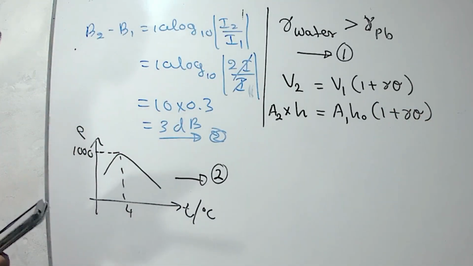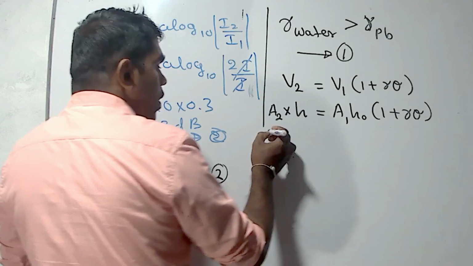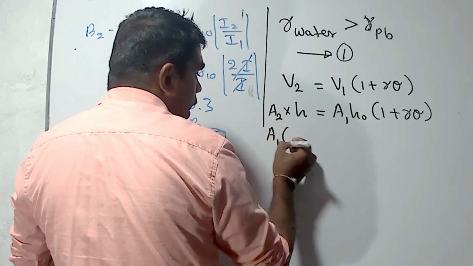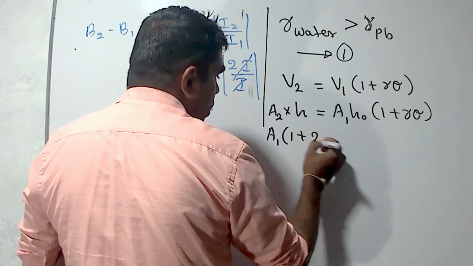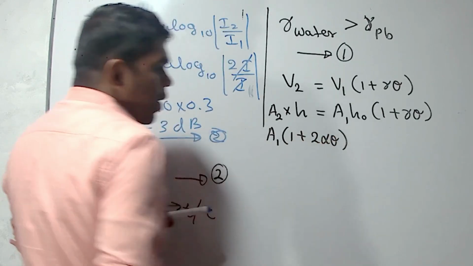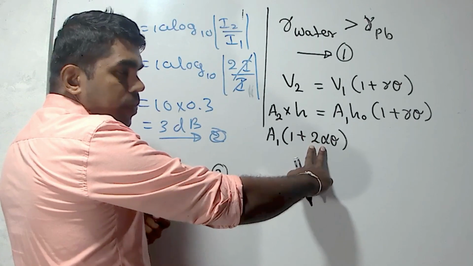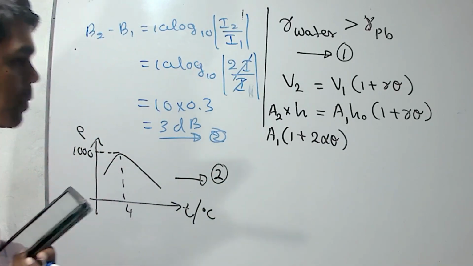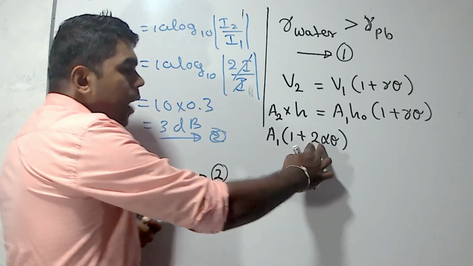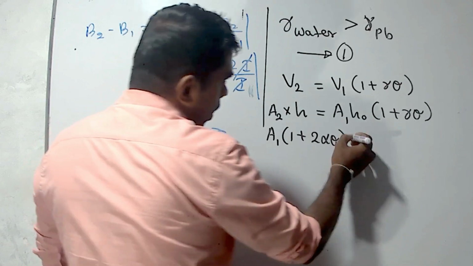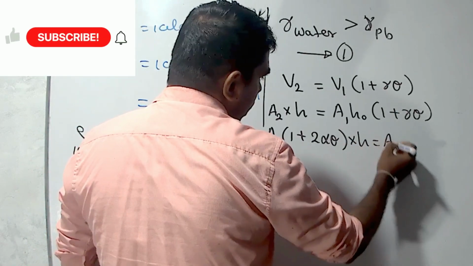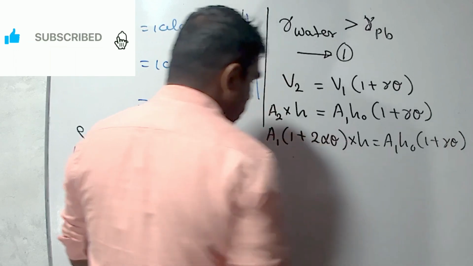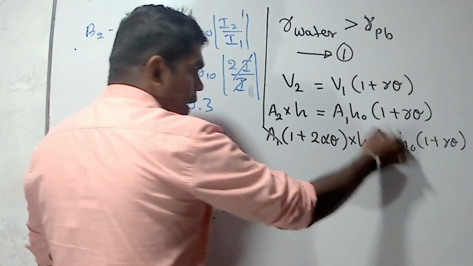Now we can substitute the final cross-sectional area of the container as A1 into 1 plus 2 alpha theta. We have to use area expansion. Area expansivity is beta, which is equal to 2 alpha. A2 into H should be equal to A1 H naught into 1 plus gamma theta. Now we can cancel out A1 and A1.